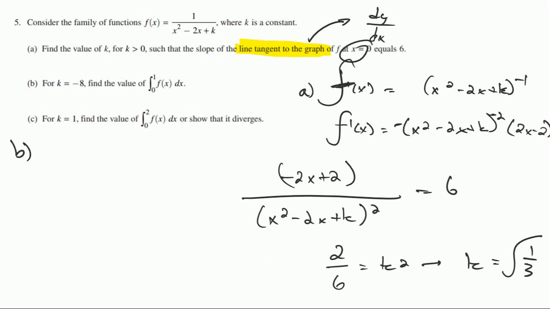For k equals negative 8, find the value of the integral from 0 to 1 of f of x dx. All right, so k equals negative 8. I'm just going to write the integral from 0 to 1 of x squared minus 2x minus 8, to the negative 1, dx.